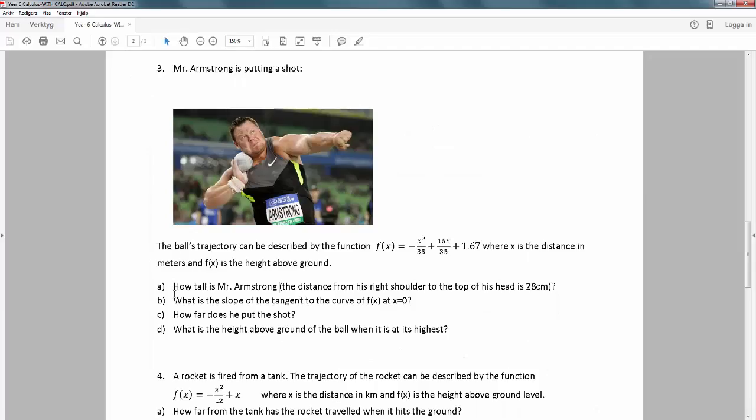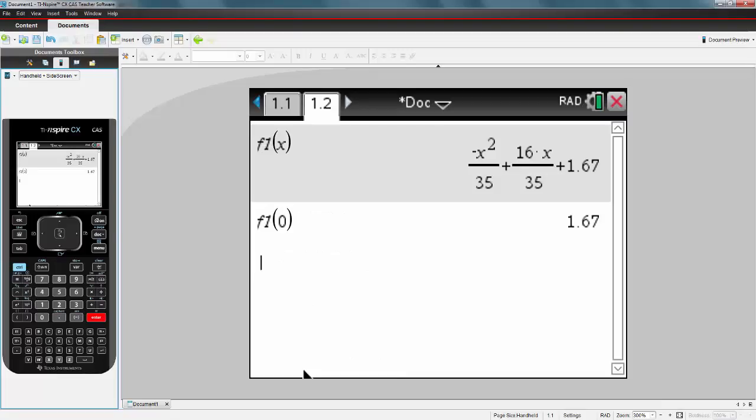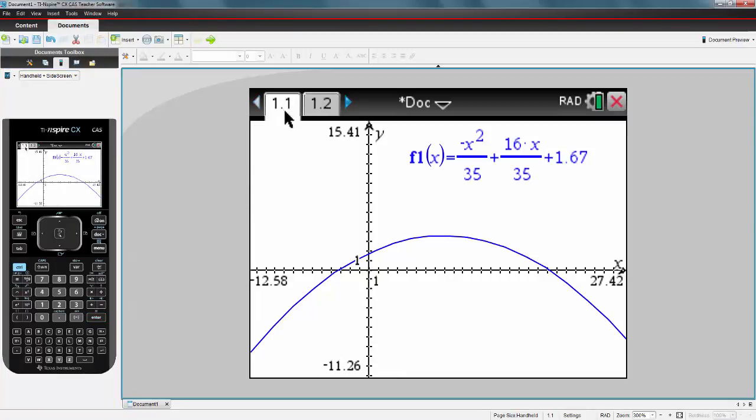Question B. What is the slope of the tangent to the curve of f of x at x equal to 0? So we once again look at the graph. Where x is exactly 0, there's going to be a tangent, more or less like this.